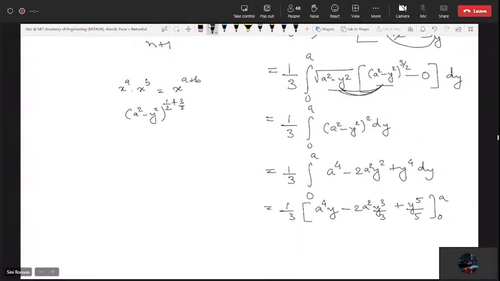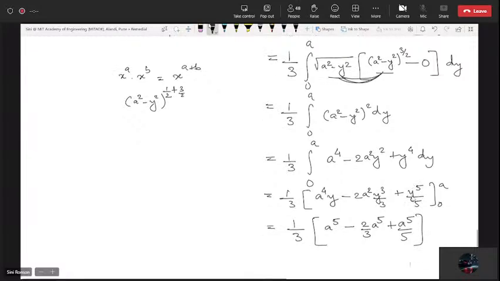And we put the limit 0 to a. So if I put the limits, finally I'll get 1 by 3. Substituting a first, a raised to 4 into a becomes a raised to 5, minus, here if I put a in place of y, this will be 2 by 3 a raised to 5, and here if I put a in place of y, it will be a raised to 5 upon 5. Now 0, when I put 0, all terms are becoming 0. So this is what I get.